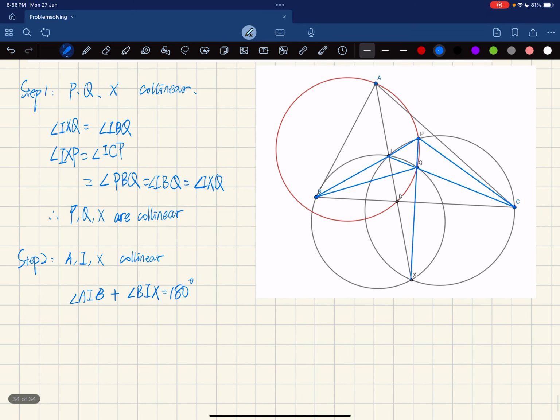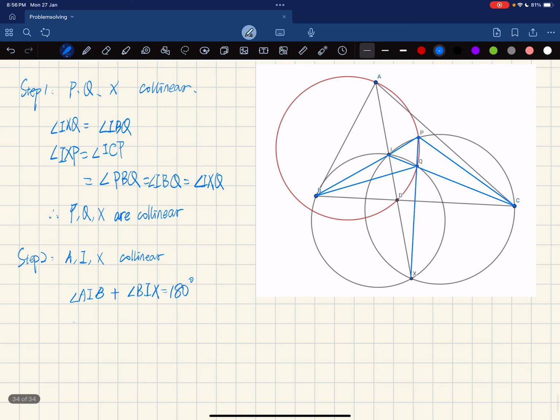So what is angle AIB? It is 180 degrees minus half of angle A minus half of angle B. Then plus, what is angle BIX?